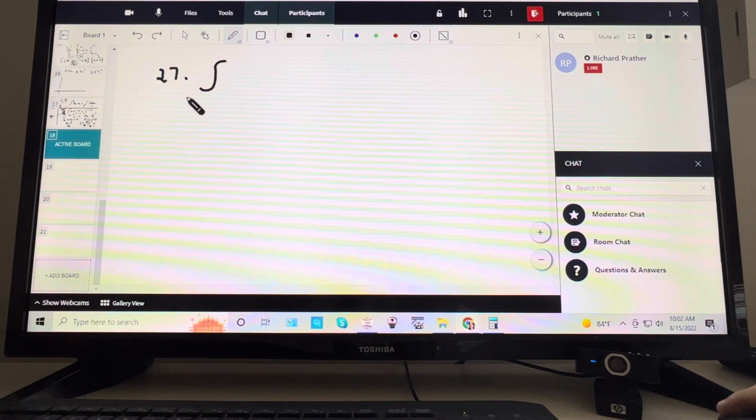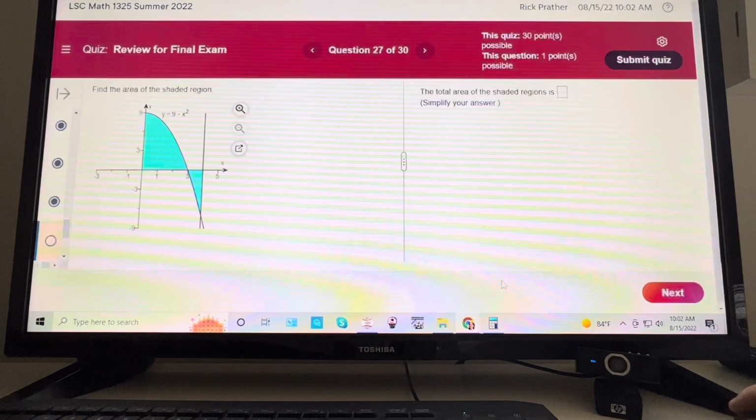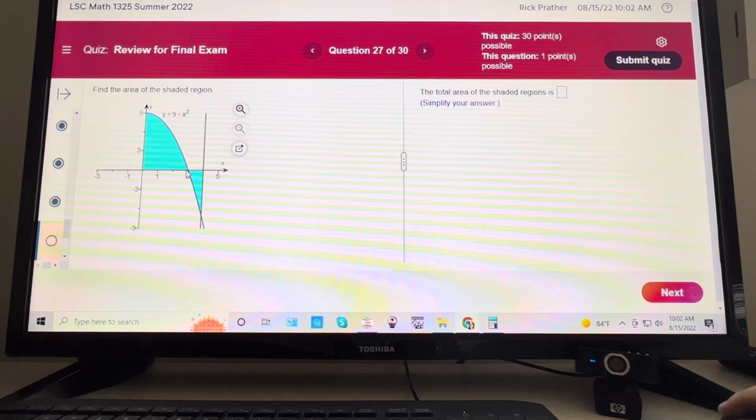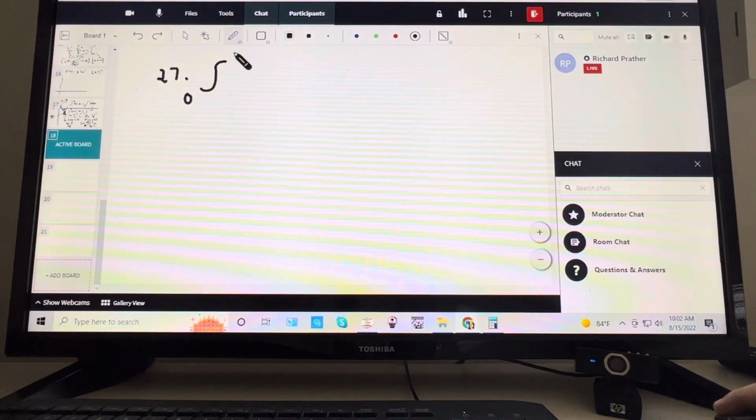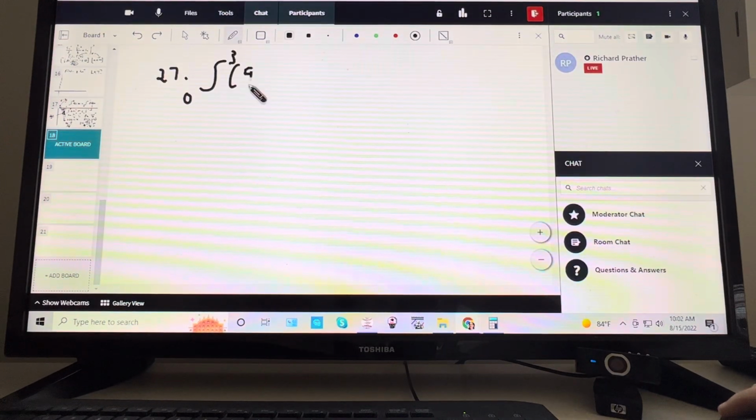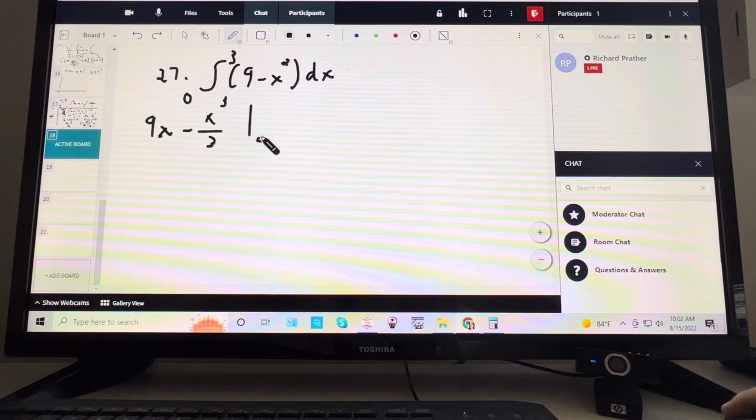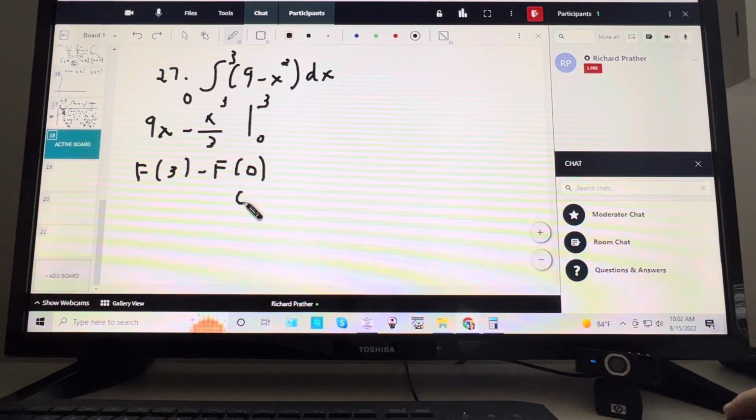So I need to do an integral from 0 to 3 for the function 9 minus x squared. This will have a positive answer to it. 9x minus x to the third over 3. Big F of 3 minus big F of 0. Big F of 0 is 0.